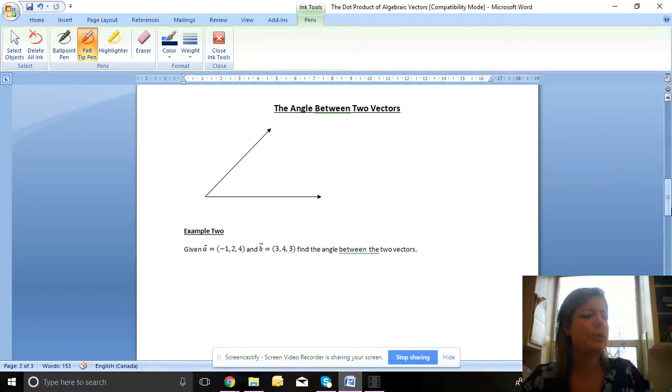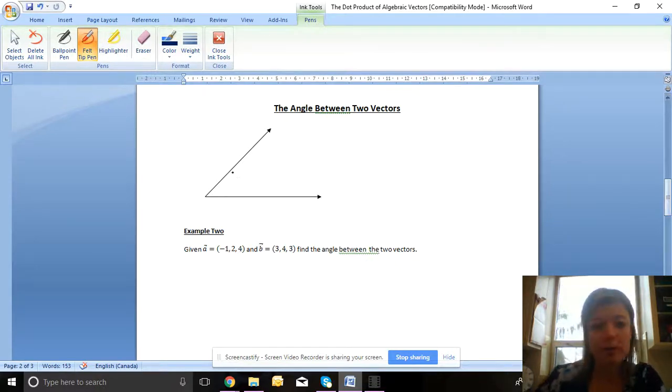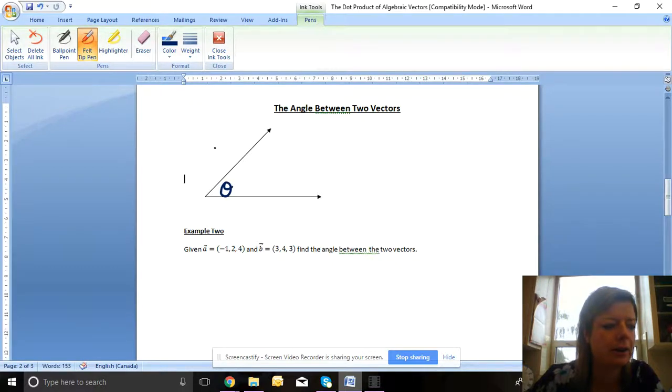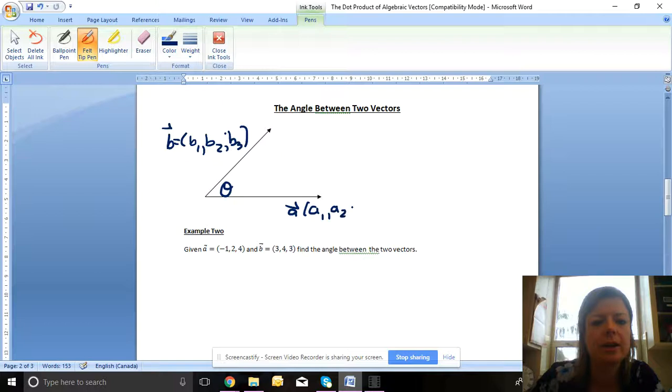All right, so we can also use the dot product to find the angle between two vectors when all we know is their coordinates. So that is actually very useful. So if we have theta between two vectors, and all we know is that B is B1, B2, B3, and vector A here is A1, A2, A3.